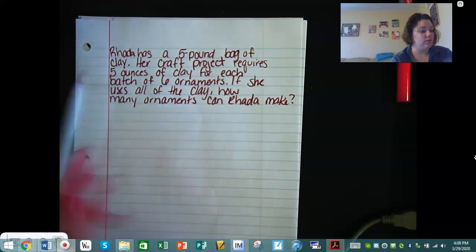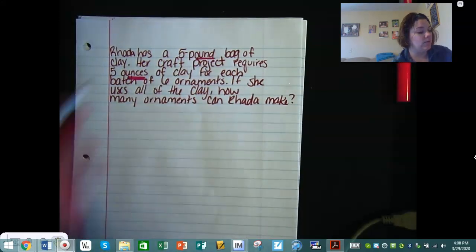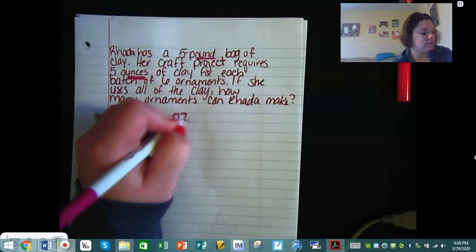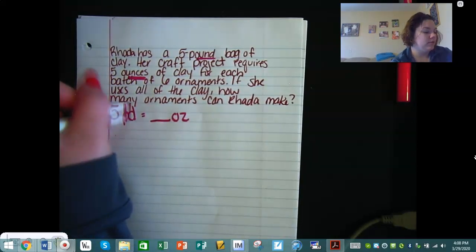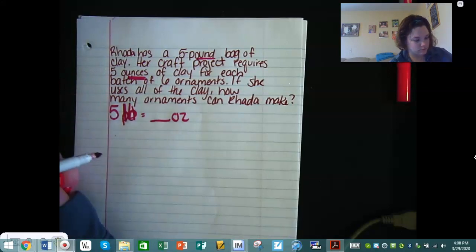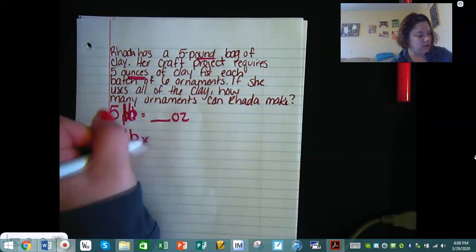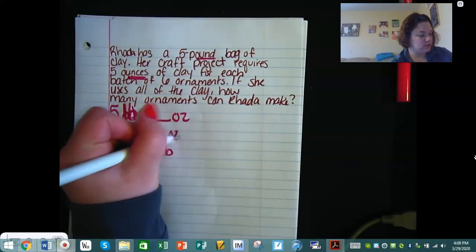Okay, so we know that we're working with ounces, and we start with pounds. So we're going to go from 5 pounds, how many ounces? Okay, so 5, that should be LB. So we have 5 pounds, 1 pound is 16 ounces.